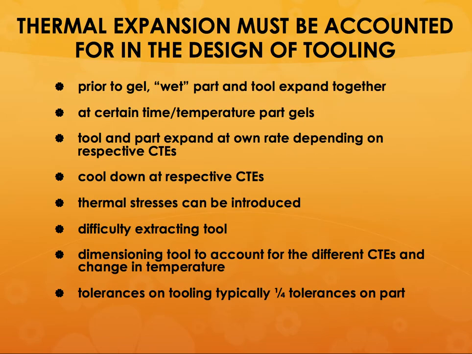In your tooling design, you have to account for the thermal expansion and contraction, for example, and you have to account for the gel coat and the wetting part and things like that in the tooling design and the tooling dimensions.